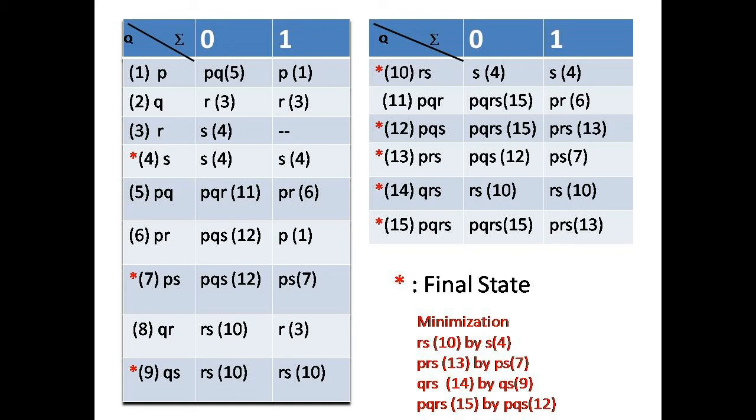Same as QRS by QS, wherever we find the symbol QRS, we replace it by QS, and delete the entries of QRS. In PQRS by PQS, we delete the entries of PQRS, and wherever we find the symbol PQRS, we replace it by PQS.